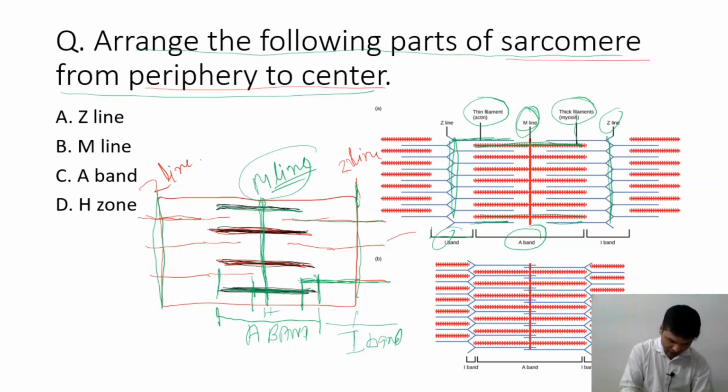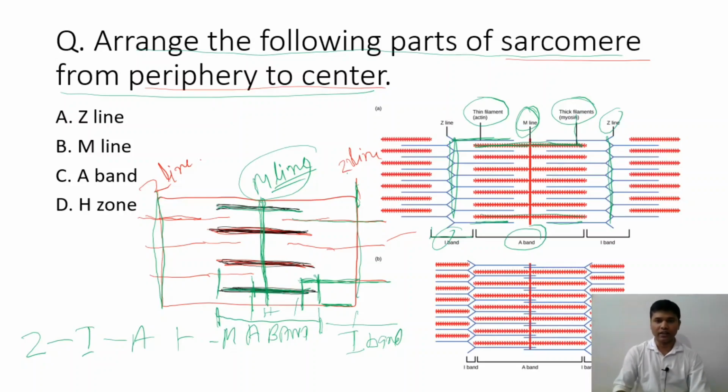First is the Z line. Then this is the I band. Then after I we have the A band. And in the center we have the H band also and the M line also.